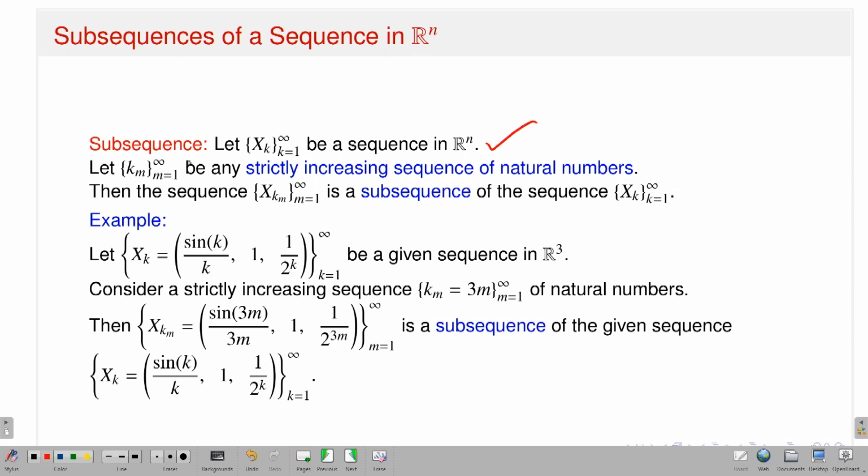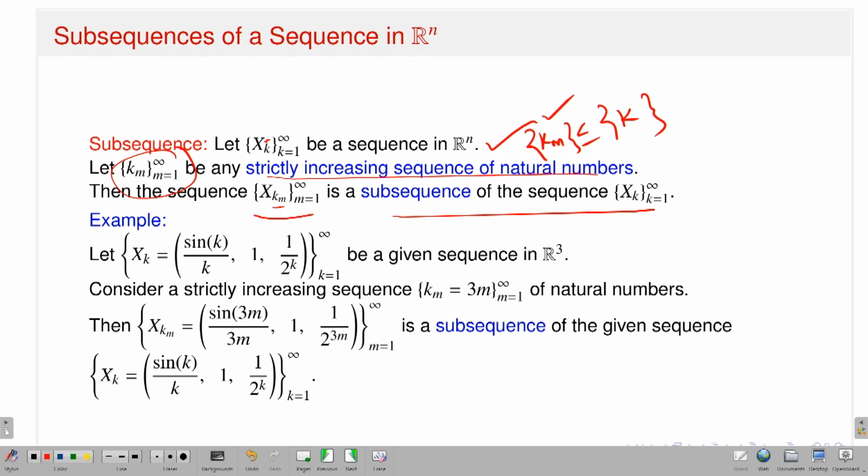Then take a strictly increasing sequence km of natural numbers, a subset of the natural numbers k. Once I have this strictly increasing sequence, I form the sequence x suffix km. So instead of k, I have km. This is a subsequence of the sequence Xk.